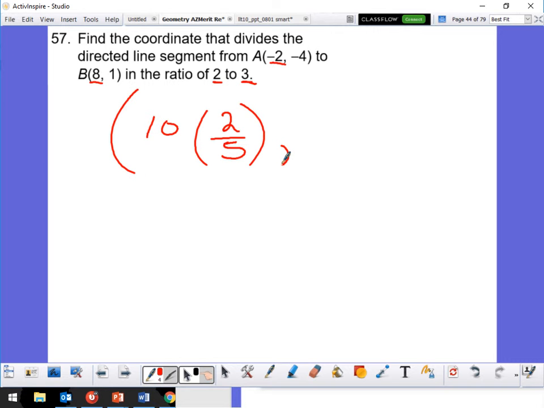It's actually super easy though. How far is it from -4 to 1? 5, right? I went 2 out of 5, right?